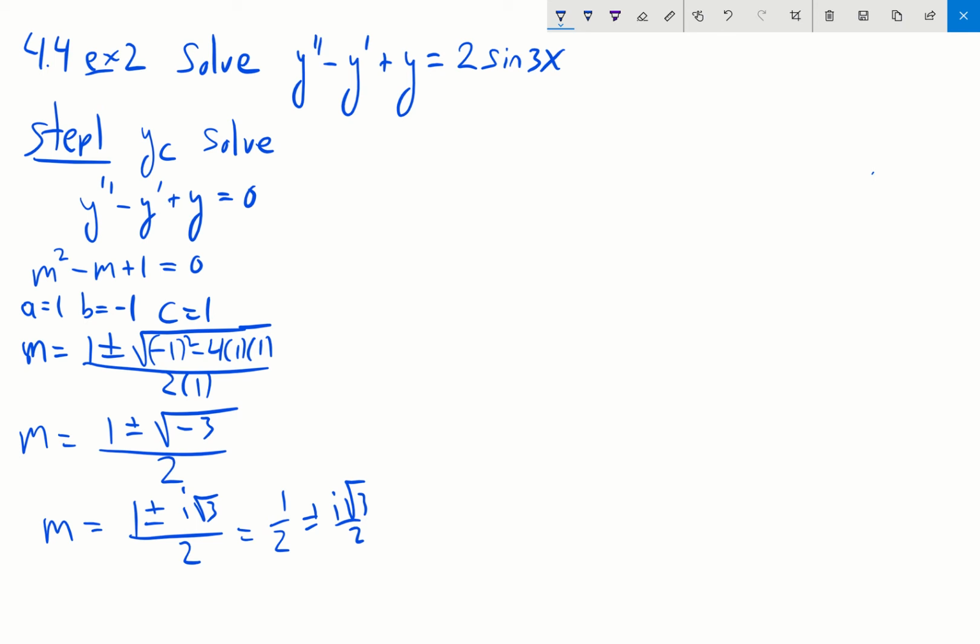Okay. If we recall, this is something we saw back in section 4.3. Whenever we have complex conjugate solutions, the solution should be of this type.